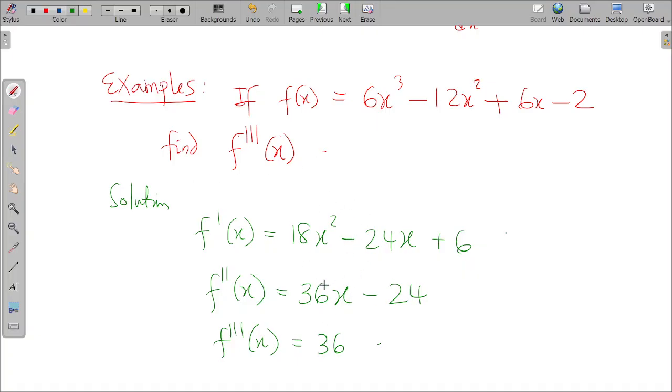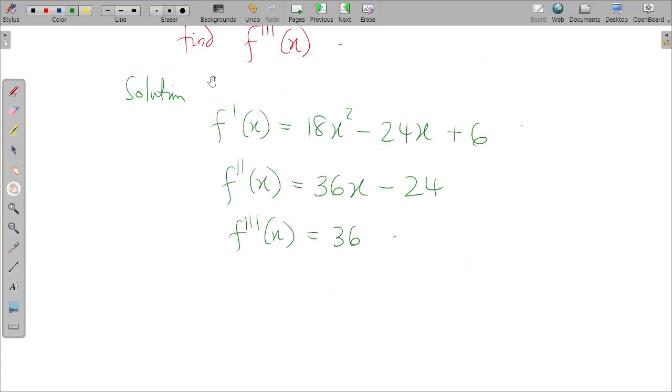And you see, we just derive the first one again and derive the second one again, and then we get that. Of course, if you want to find the fourth one, it will just be 0. From the fourth one, we get 0.